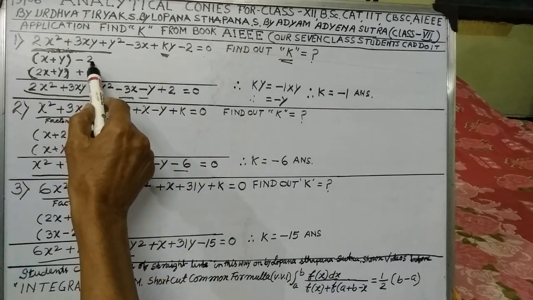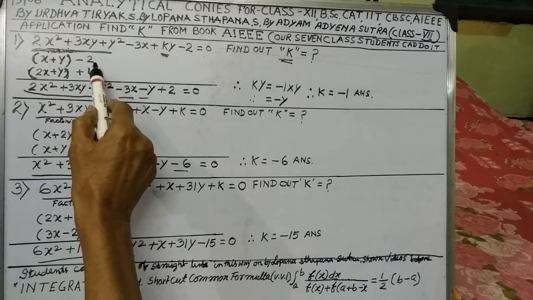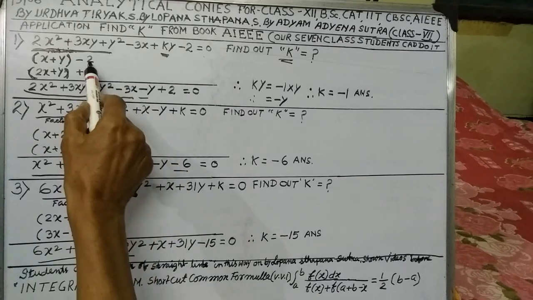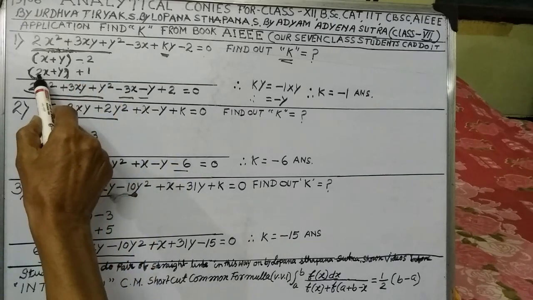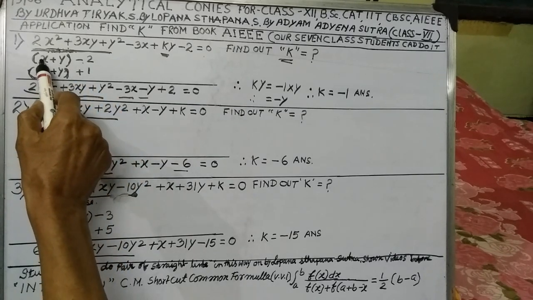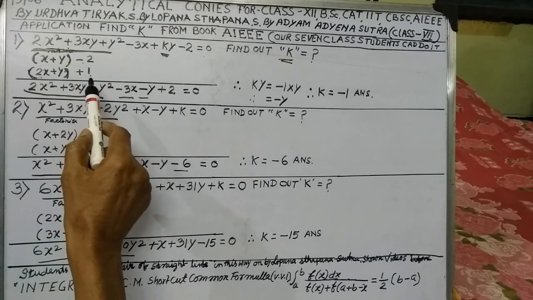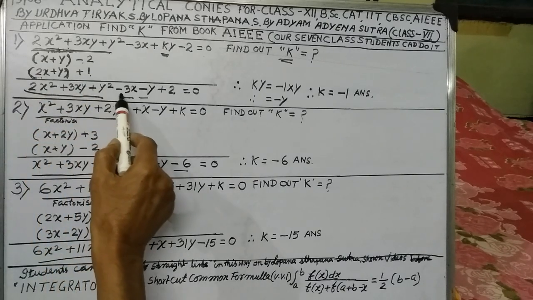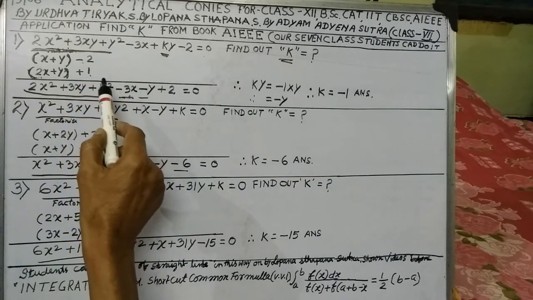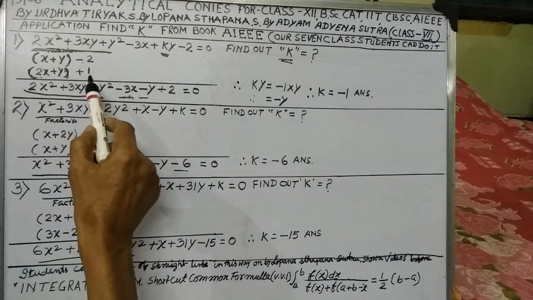Here, Euler trial method: -2 and +1. x times -2 into 2x is equal to -4x, x into 1 plus x, so it becomes -3x, so our figure is correct.